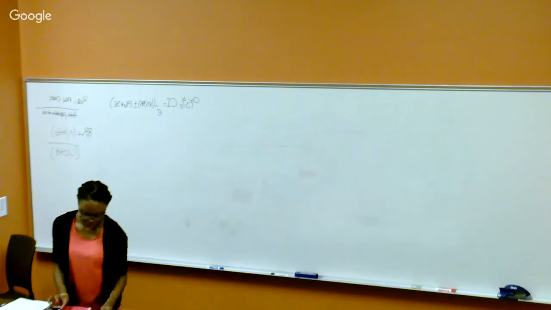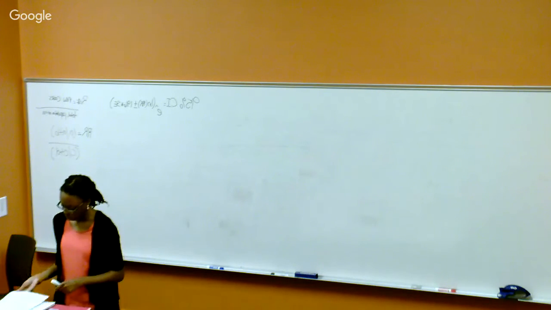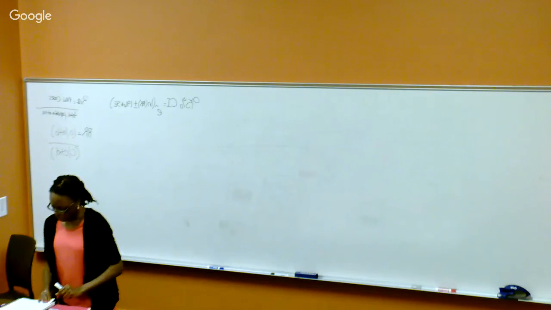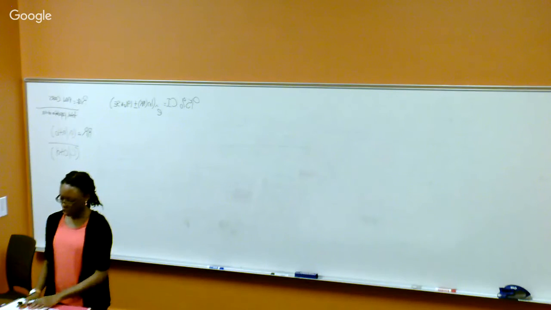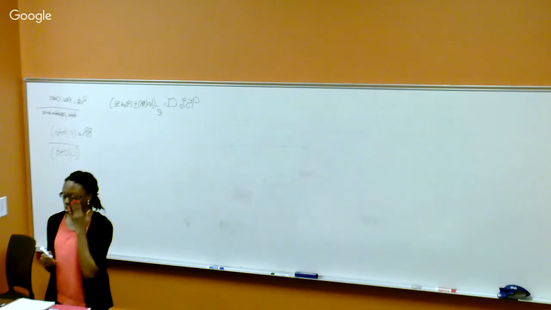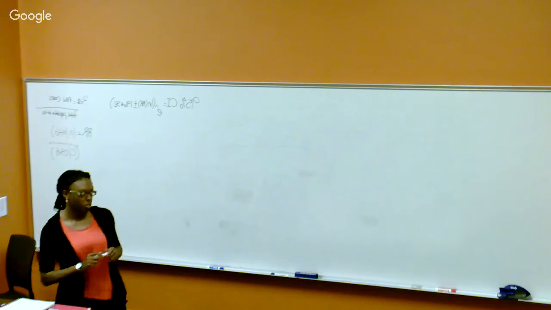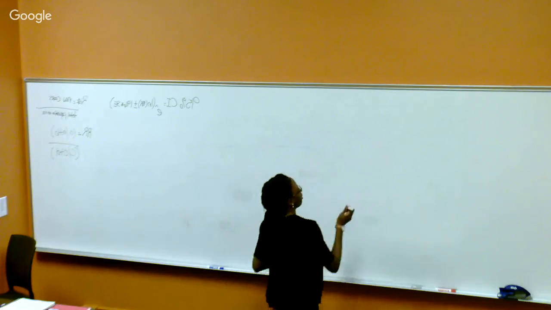Okay, so we said we're doing an odds ratio. We want to compare the lower to the upper SES. So to do this odds ratio, what's the first thing that we need to do? We need to make our 2x2 table.